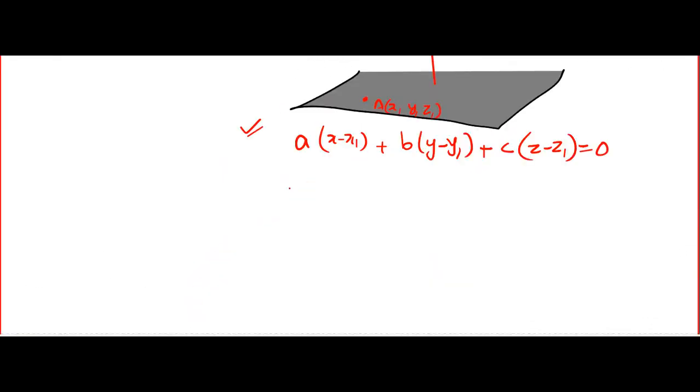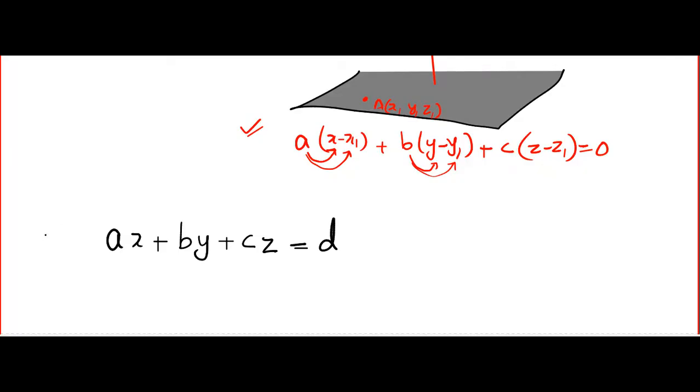Okay, so now the second thing that is more important: if you open this bracket, you can see that the general equation or the simplified form becomes ax plus by plus cz, and the remaining things will be ax1, that will be a number, by1, that will be a number, cz1, and I'm going to call it d, equal to d.